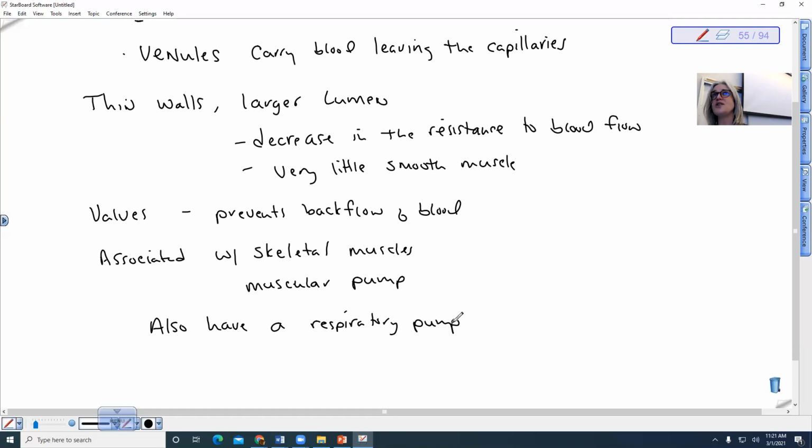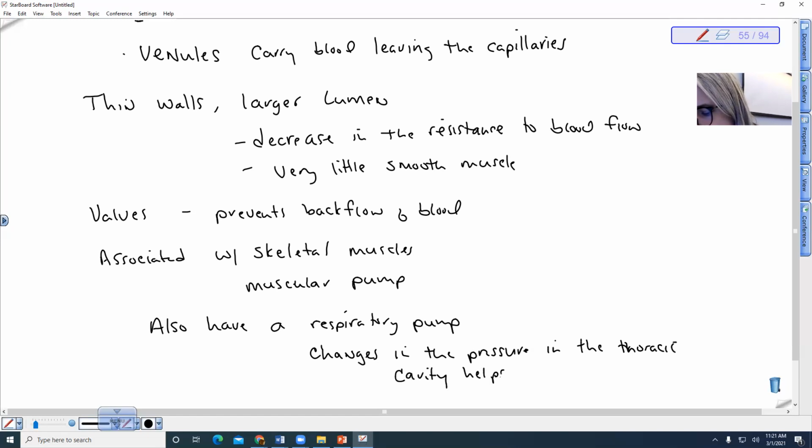And that change in pressure actually helps to move the blood back towards the heart. So the changes in pressure associated with ventilating your lungs in the thoracic cavity help to move the blood back towards the heart.